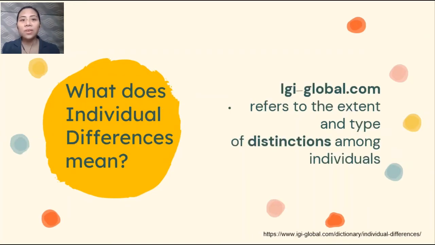How about individual differences? According to agglobal.com, individual differences refers to the extent and type of distinctions among individuals. So, distinction among individuals or differences in psychological traits, personal characteristics, cognitive and emotional components.